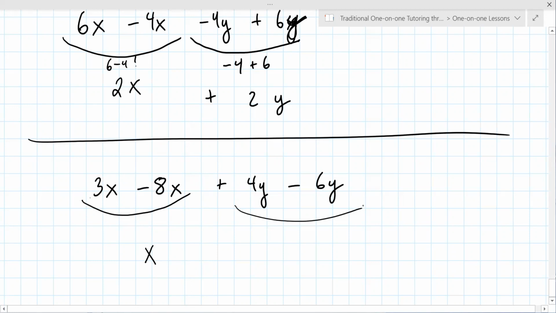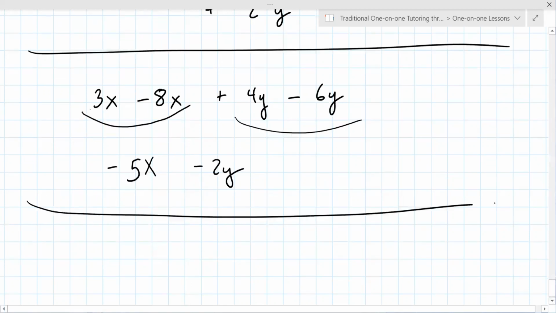If you're talking, you're muted. All right, I got negative 11x plus 2. So it's negative 5x minus 2y. I mean negative 11x plus 2y, I was saying. That's okay. There's something going on here.